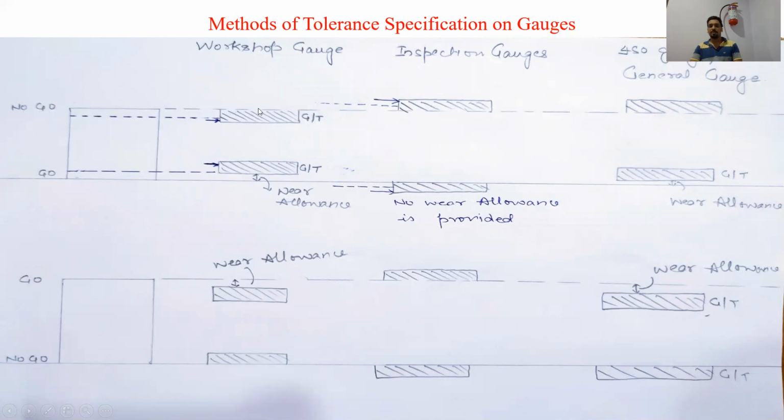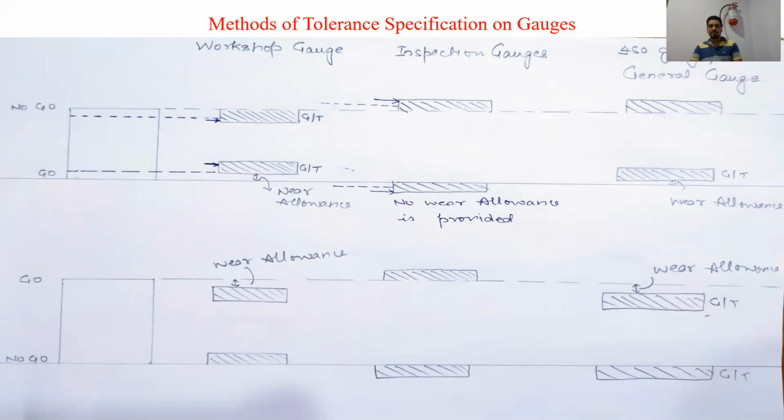So the gauge tolerance is provided below this upper limit of the hole. And at the go, we have discussed that wear allowance is provided. So first we will provide wear allowance and then gauge tolerance. And this gauge tolerance is equal to 10% of the wear allowance.